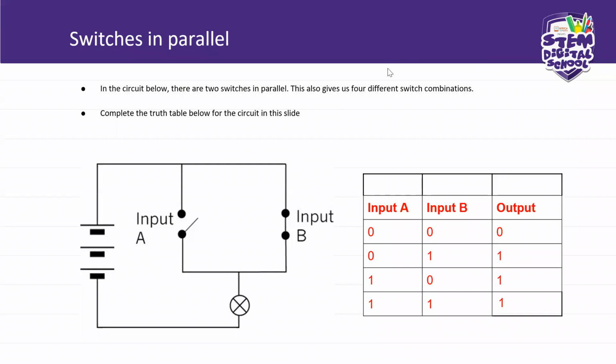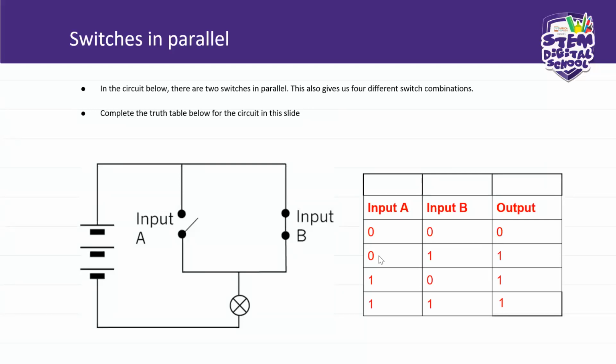I'm here. So this is the truth table. If there's no output, we indicate by 0. If there's an output, we indicate by 1. So if input A is open, input B is open, will there be an output? No output.